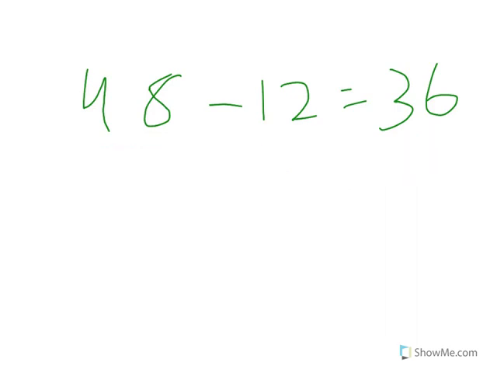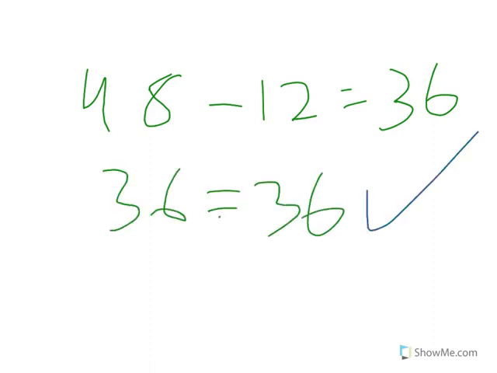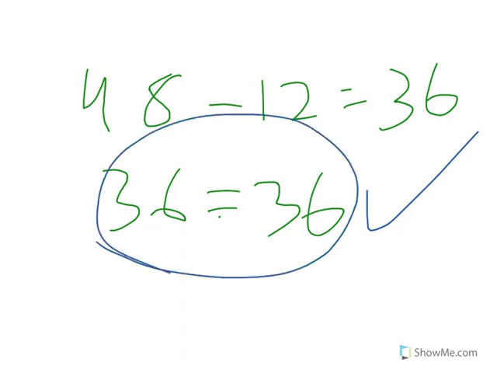Don't complicate it. 48 minus 12, do it in your calculator, you'll get 36 equals 36, right? And that's the right answer. So that means the value of x that we found is correct.